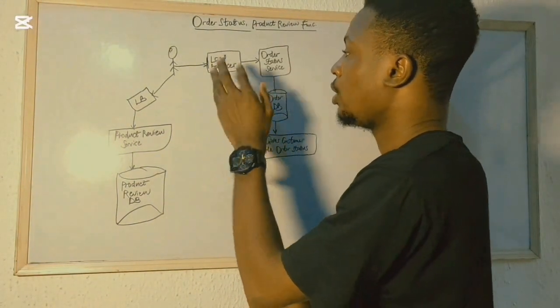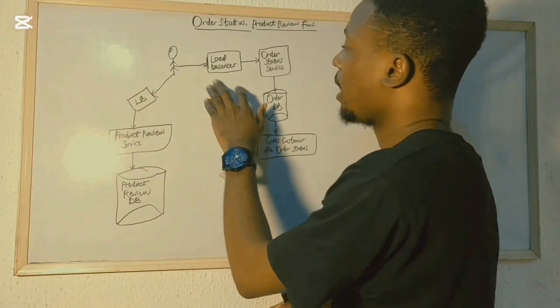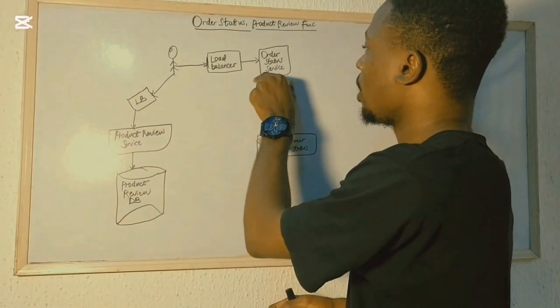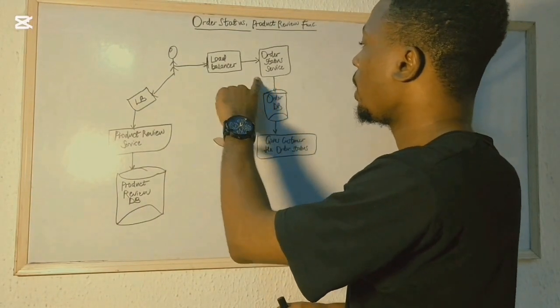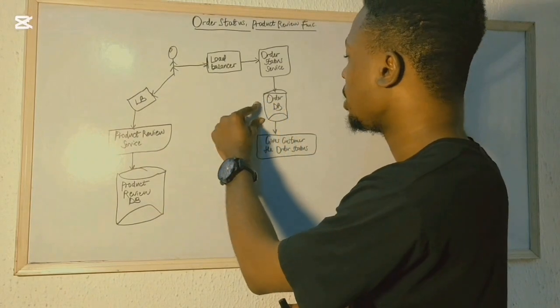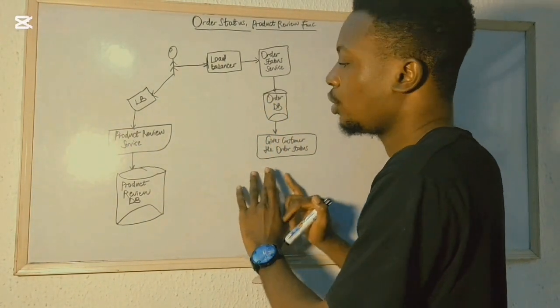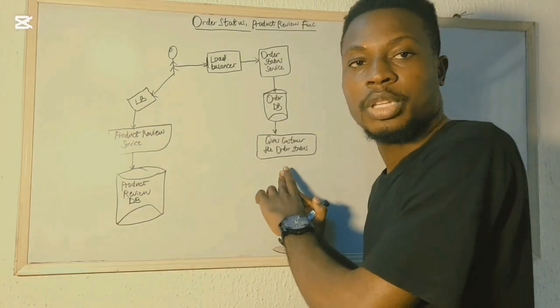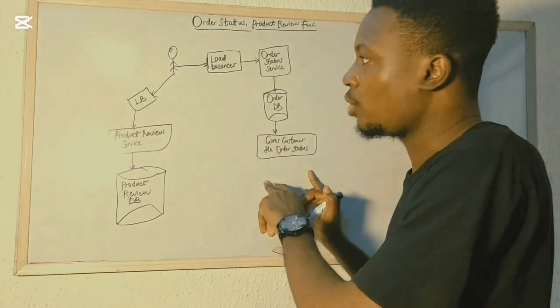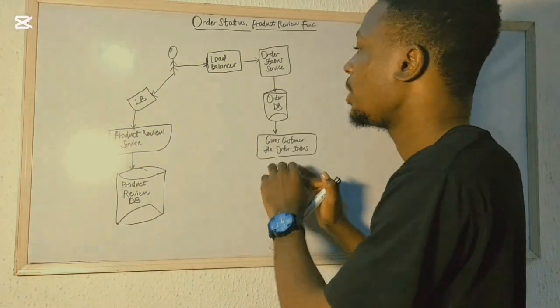Your request first of all hits a load balancer. After hitting the load balancer, the request is sent to our order status service. Our order status service goes to our database, checks for the order for you and gives you the order status. If it has been shipped or delivered, you get that result.